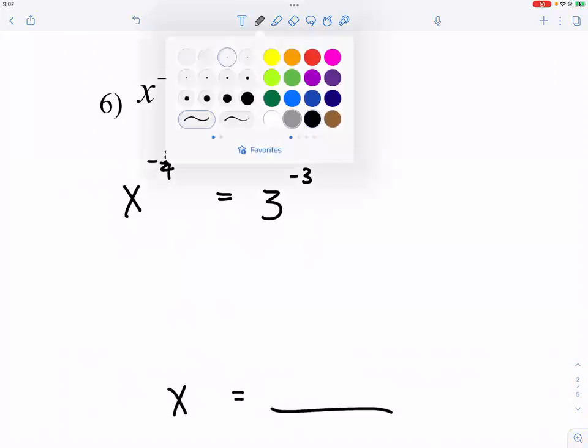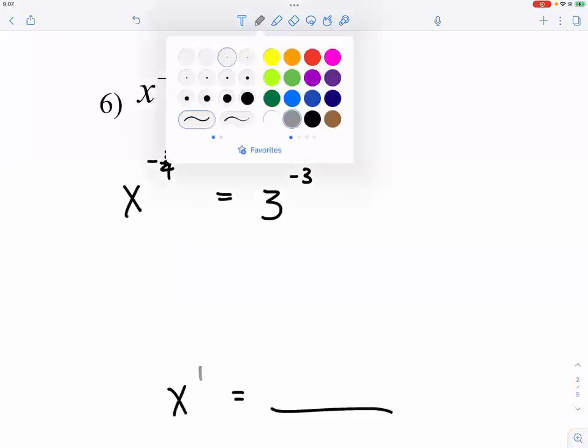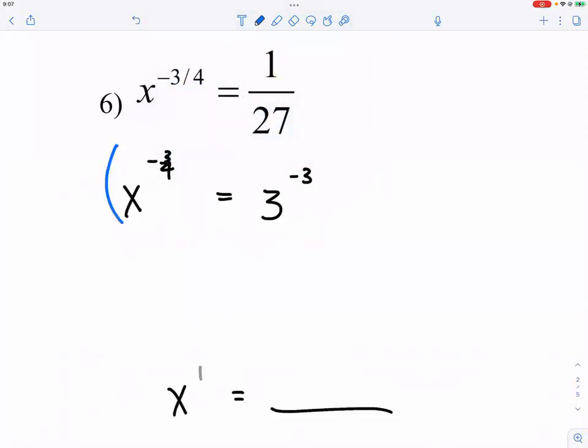And when we say x is equal to something, it's x to the first power. And how can we get to that power? Well, if we can somehow make the exponent equal to 1, that would be fantastic. We can just raise both sides by the same power, and we design this particular power so that they would cancel each other out and become 1.